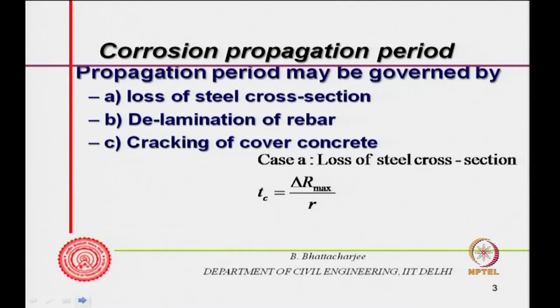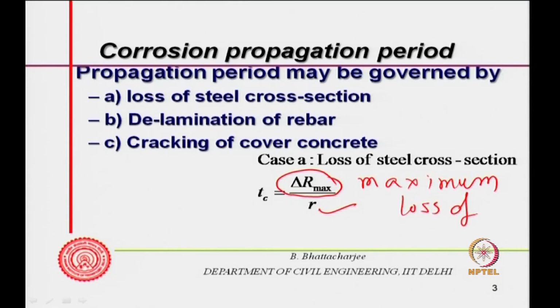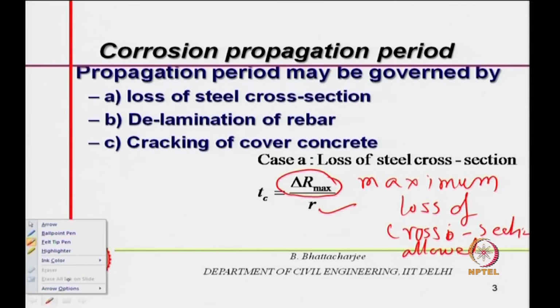In that case, this is the rate, and delta R max is the maximum loss of cross section allowed, because after that, if the material is lost significantly, it may not be able to carry the load.